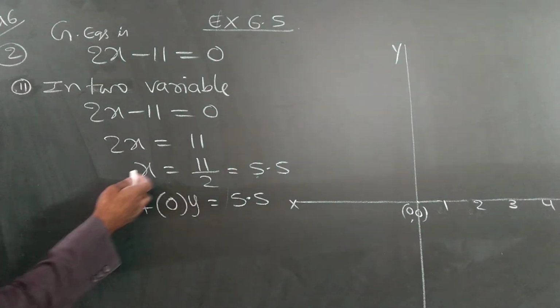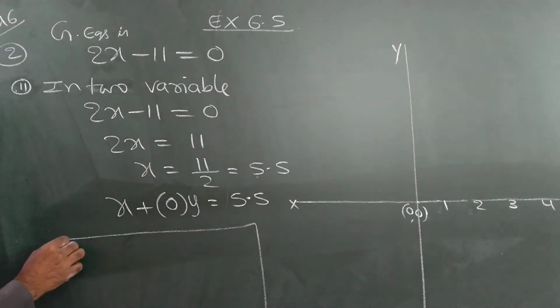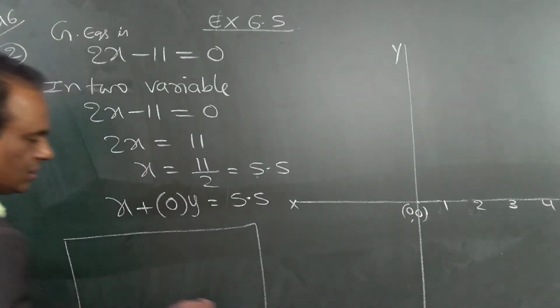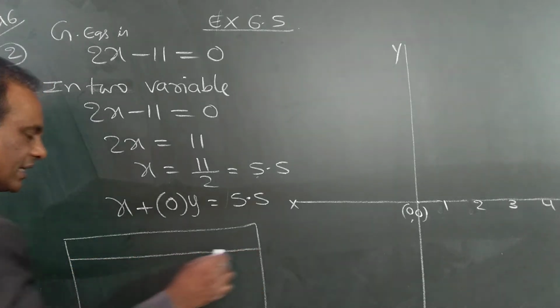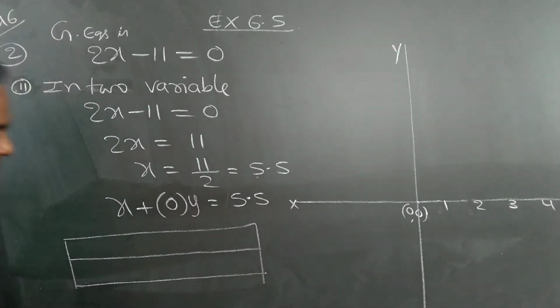Actually, for this simple equation there is no need to prepare a table, but because we want some steps, let us prepare the table also. See here: x, y. Take any three values.